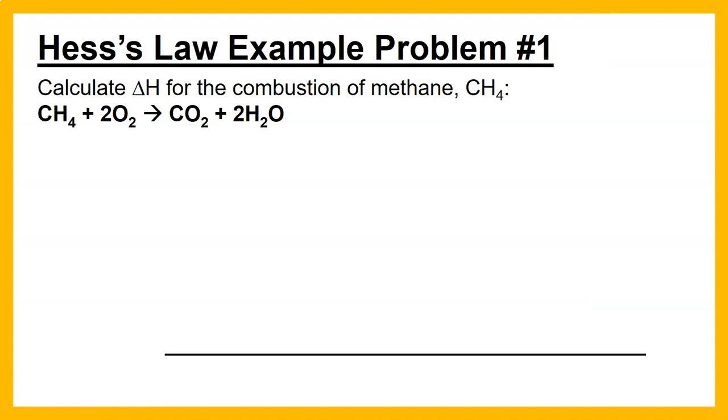So I'll show you now how we can put this all together, okay? We want to know how much energy is involved when we combust methane. So there's your overall equation for combusting methane, right? You need some oxygen gas, you're going to make carbon dioxide and water. It's a nice balanced equation.